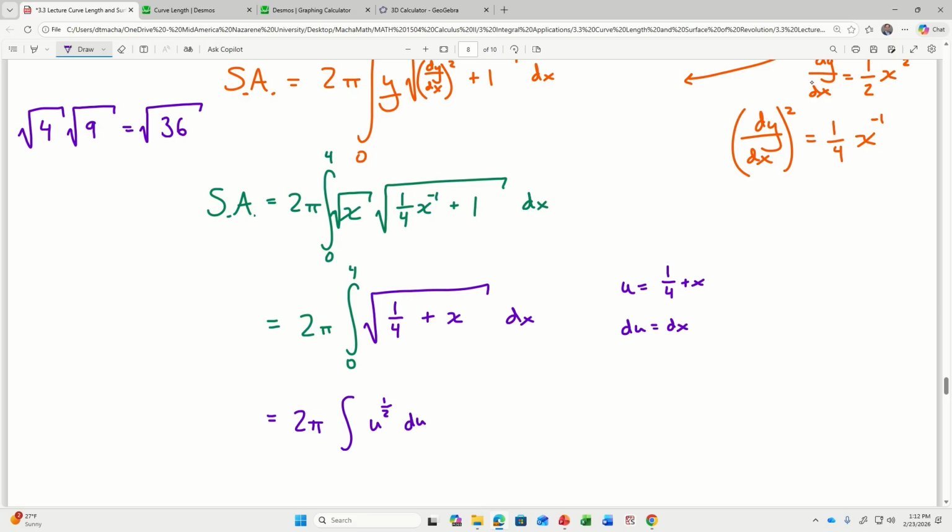What are my new lower bound and upper bound? 1/4, and 4 plus 1/4 is like 16/4 plus 1/4, which is 17/4.